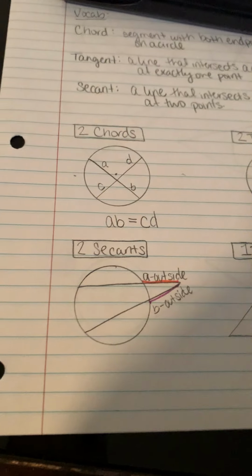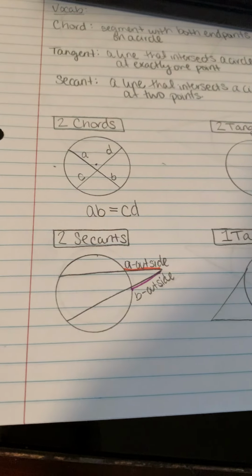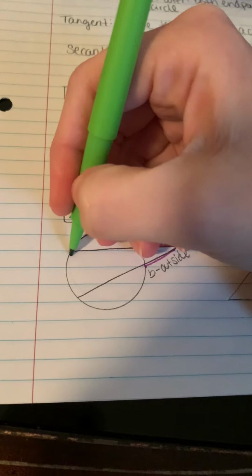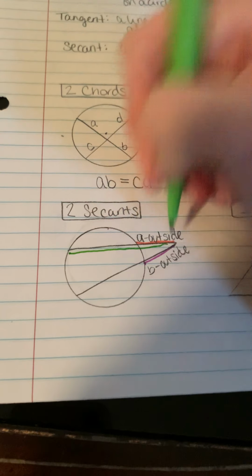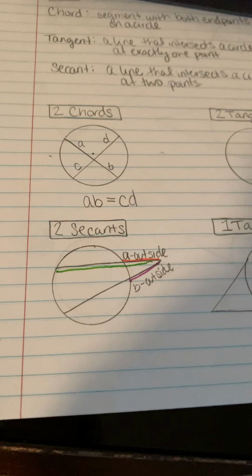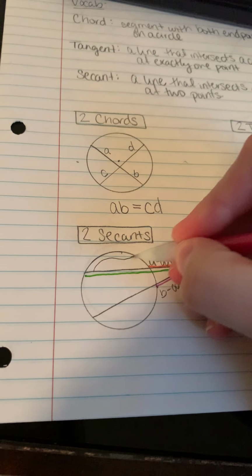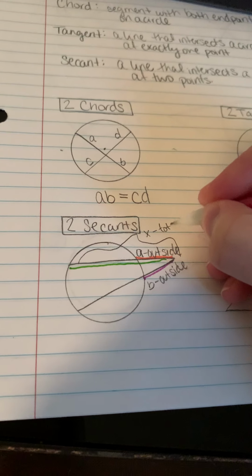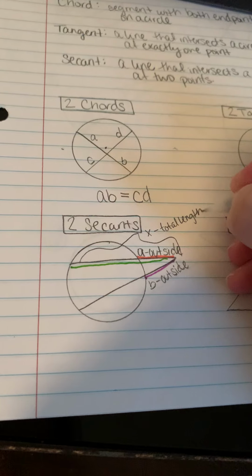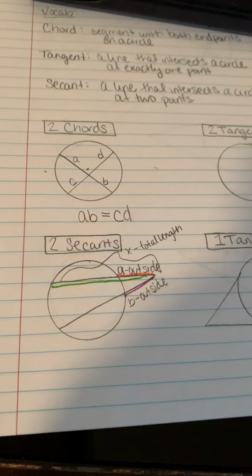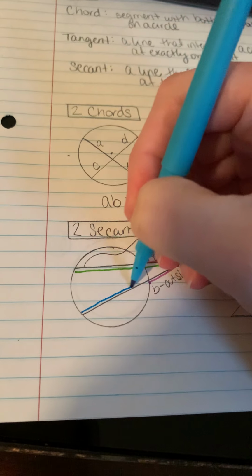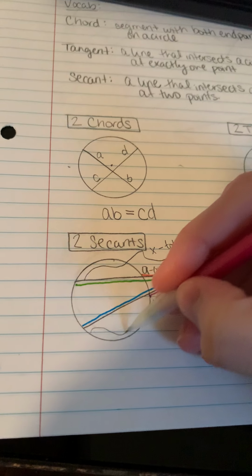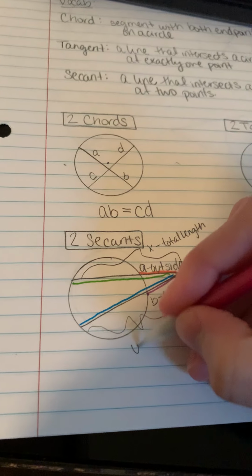Okay, so there's 2 different outsides. Now there's also 2 different total lengths. There's the total length of that secant, which I'm going to call x. And then there's the total length of the other secant, which I'm going to label y.